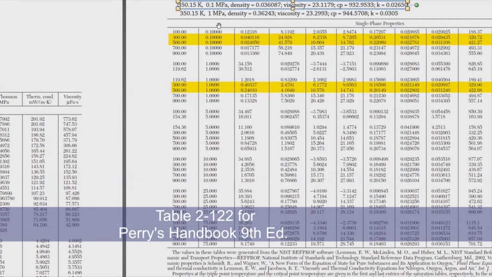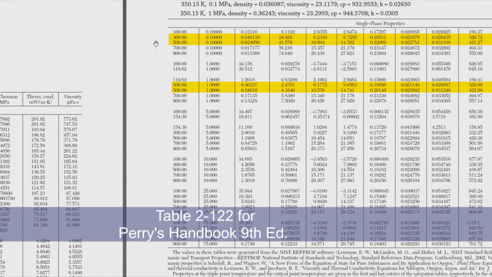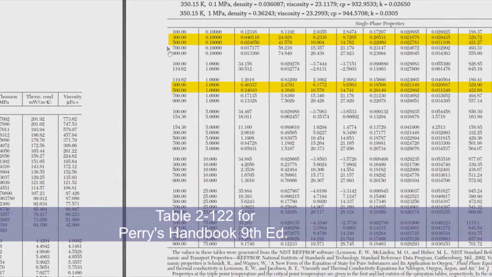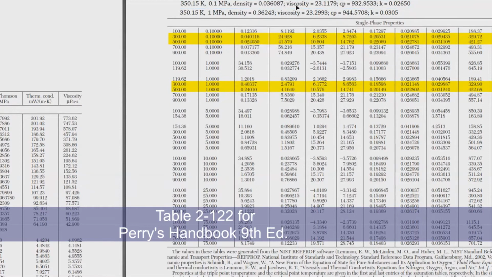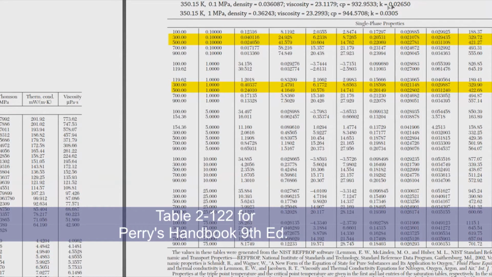The first one is that we interpolate. As I've mentioned before, you need to interpolate in these values here from 300 to 500 and interpolate at 350.15. Of course, the pressure will just be 0.1 megapascal, same as this given, and then you'll be getting the densities and then the viscosities. These are the values that I have already pre-interpolated. After that, you also interpolate at 350.15 in this section.